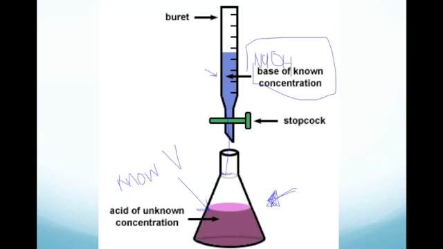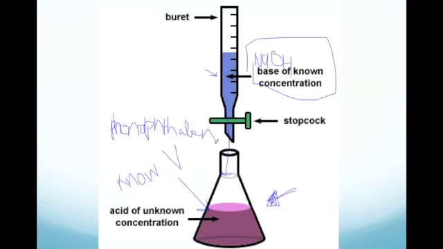And what's going to happen is we're going to put a couple drops of phenolphthalein in there. Phenolphthalein. This one was a hard one. All right, that's going to go into our acid as well. And what the phenolphthalein is going to do is, as we add drops of our NaOH, we're going to be swirling this.